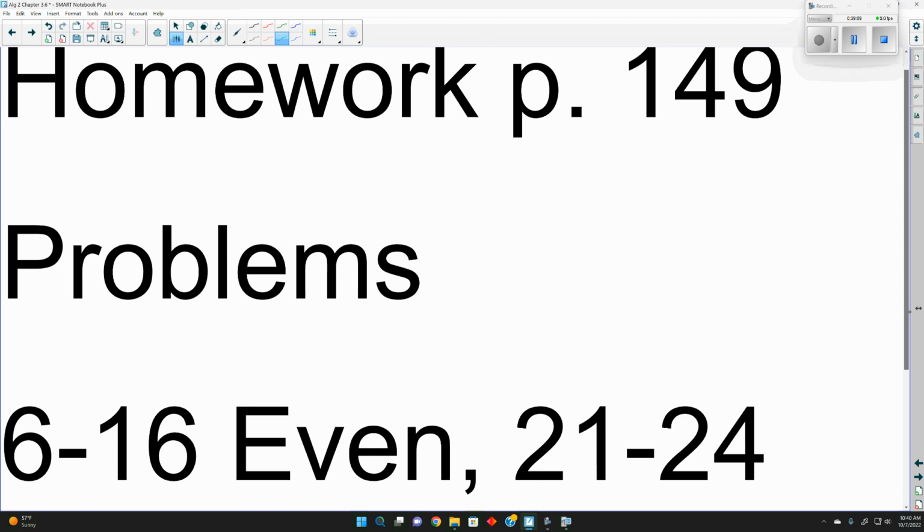So you want to find out what b squared minus 4ac is, and the number and type of solutions. You don't have to solve 21 through 24, but you do need to find the discriminant and say it's either 2 real solutions, 1 real solution, or 2 complex solutions.